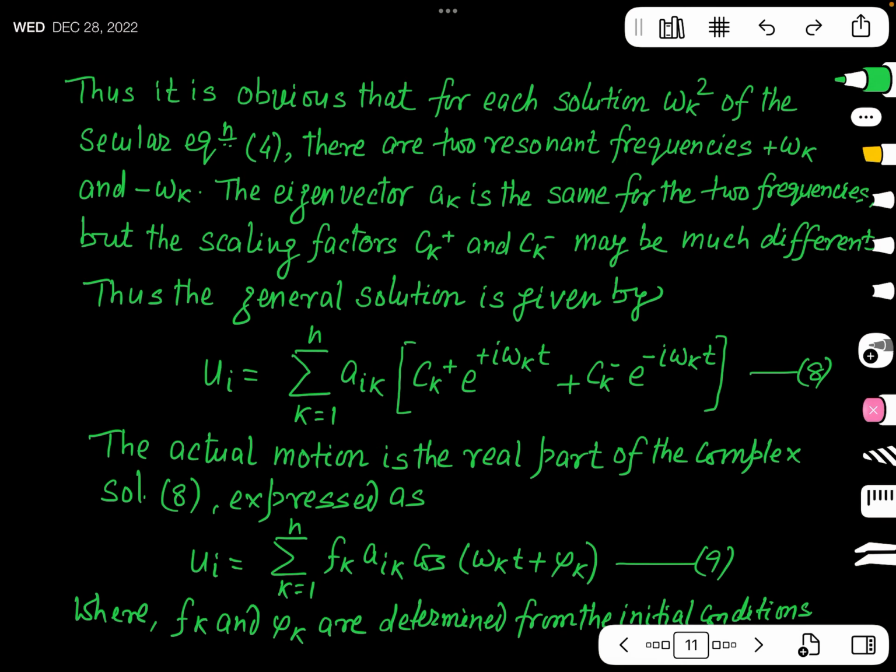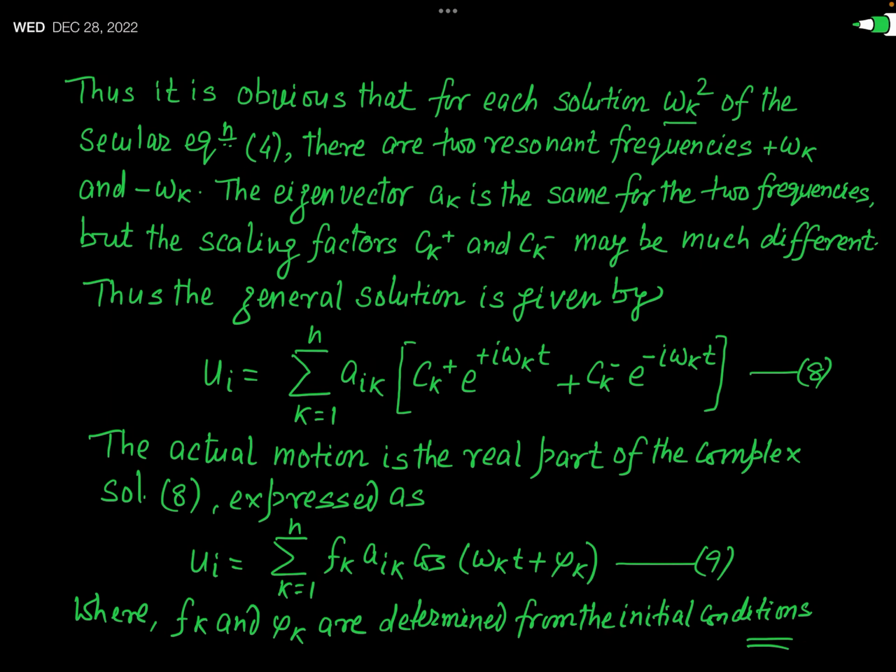Now, as you can see, for each solution omega_k squared of the secular equation which I defined in equation 4, there are actually two resonant frequencies: omega_k squared will have both the plus value, plus omega_k, and the minus value, minus omega_k.